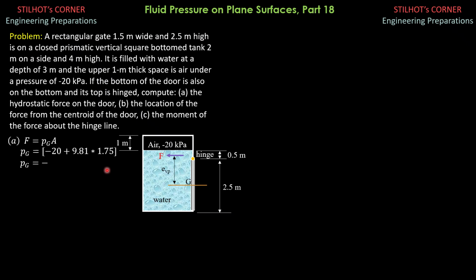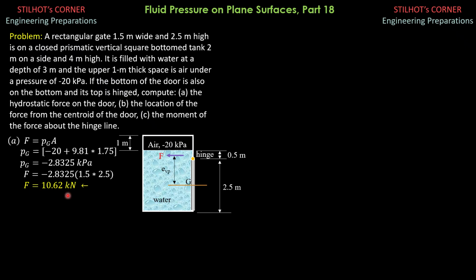Pressure at G is negative 2.8325 kilopascals. Substitute, we can also solve for F: negative 2.8325 times the area of the gate, 1.5 by 2.5. So F is negative, but I'll just make it positive, but the direction is leftward as indicated in this answer. So that's the force to four significant figures.